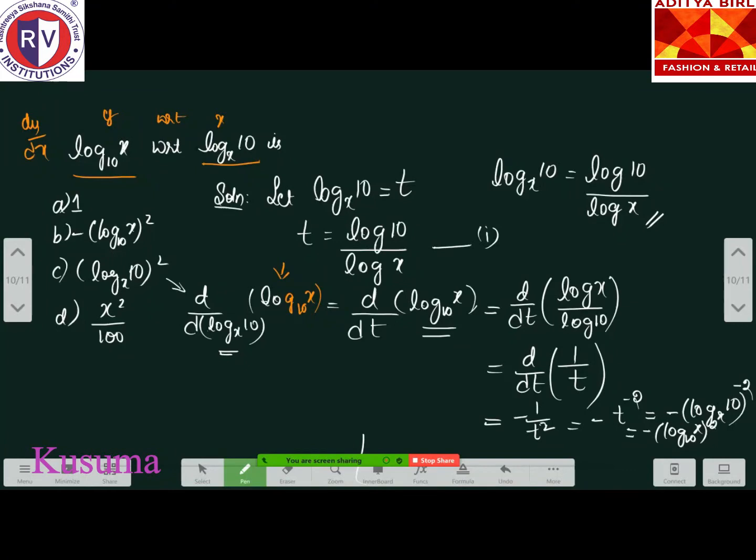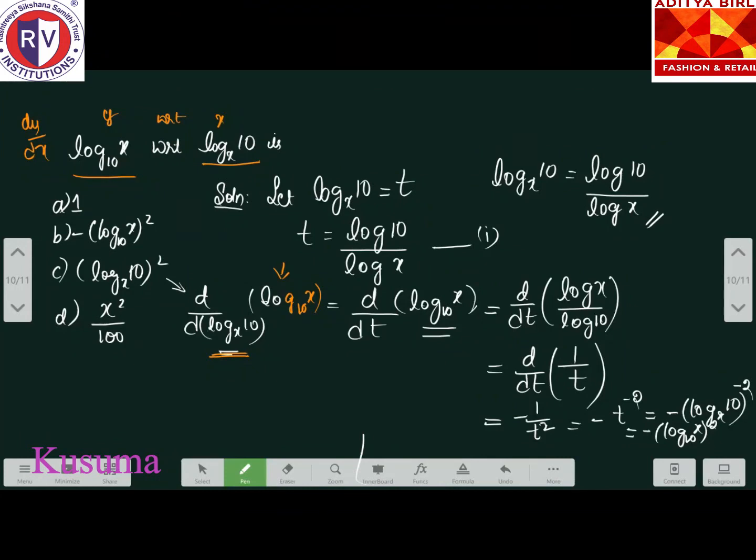Now we have taken this log 10 to base x as t. By the properties of logarithms, log 10 to base x can be written as log 10 by log x.